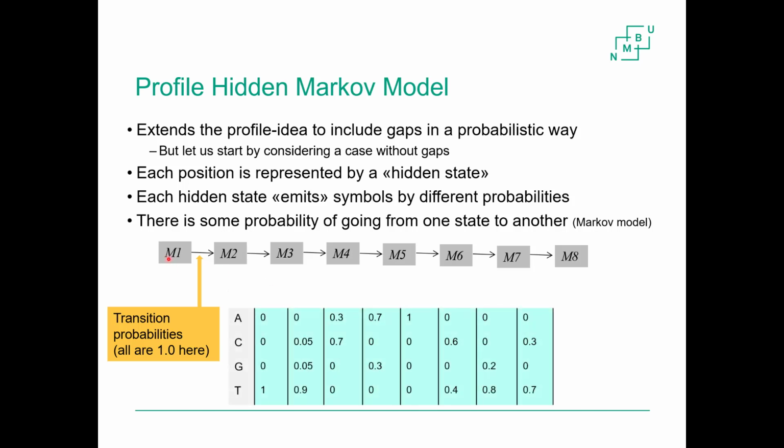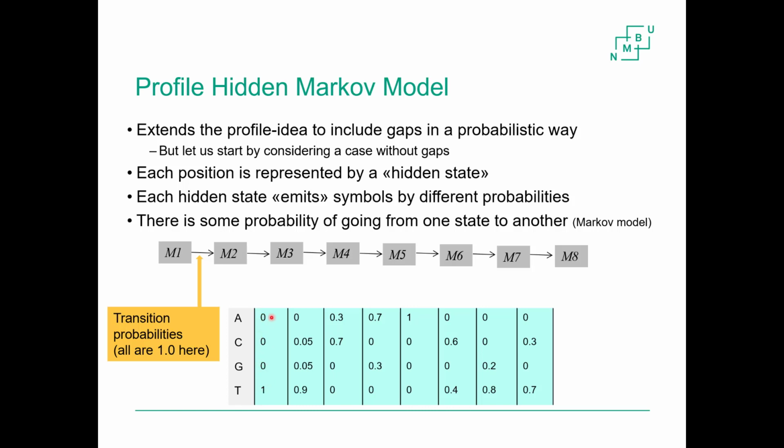But for each of these hidden states, we now have some probability. If you are in this state here, you produce, you could say, or emit, as we say, a symbol that is part of the pattern. And what is the typical symbol produced or emitted from this first position? Well, the symbols are emitted according to these probabilities here.